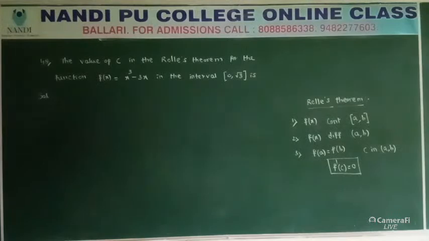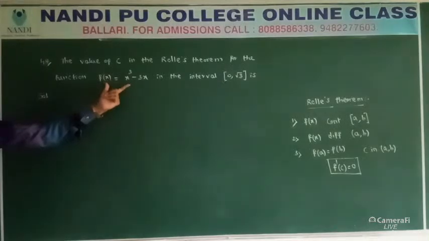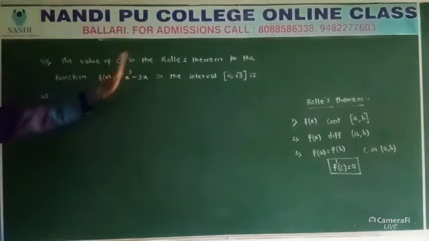Understand the question. Here f of x is given, interval given. What is the value of c in Rolle's theorem?